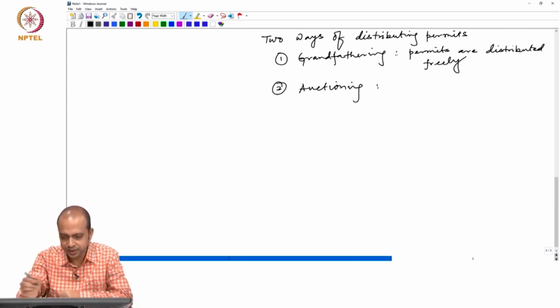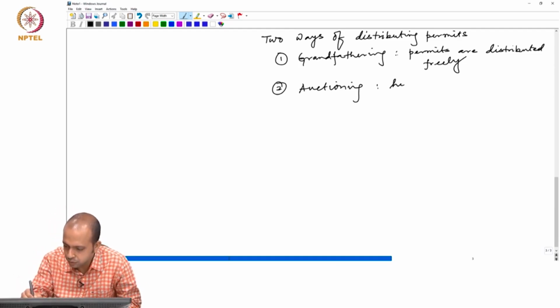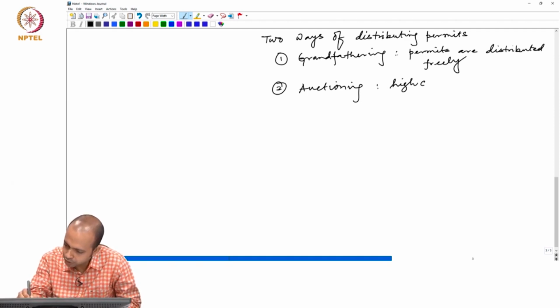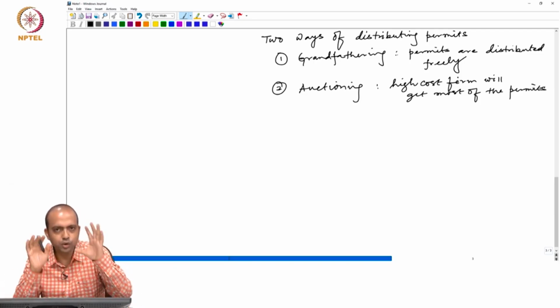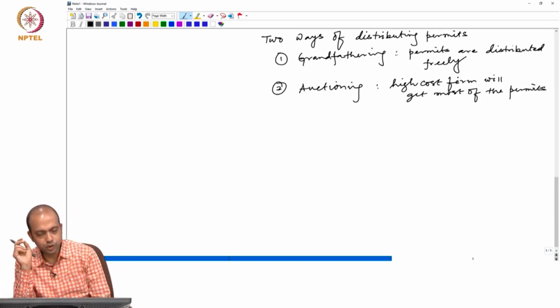So, in this case the high cost firm will get most of the permits. So, this is how tradable pollution permit works.